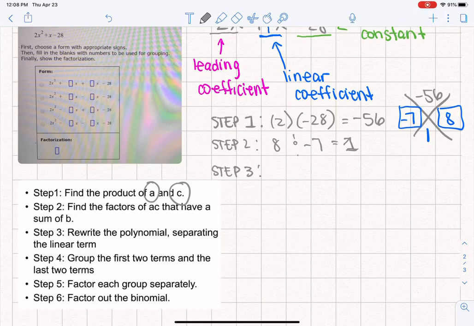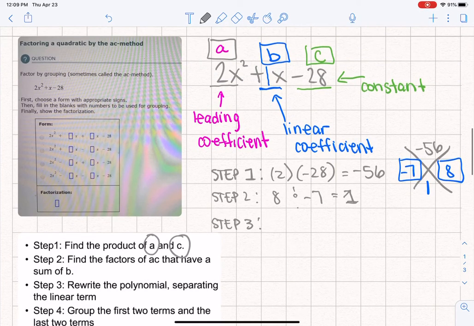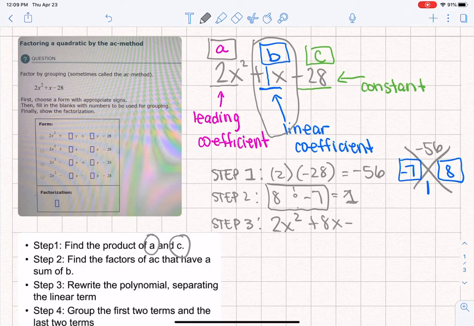This is the linear term, our linear coefficient part right here. So I'm going to rewrite it: 2x squared. Now instead of writing 1x, I'm going to put in these two, because these two make 1. So this is going to be positive 8x minus 7x. If I add those two together, I do get 1x. Then I copy down the last term, which is negative 28.